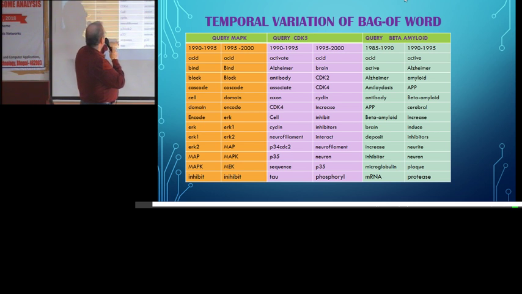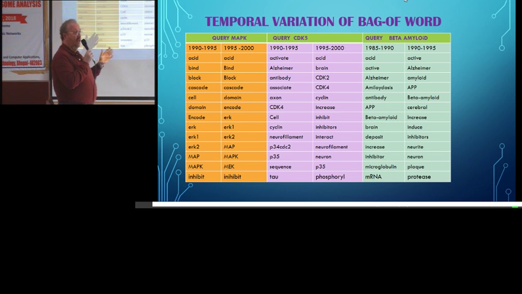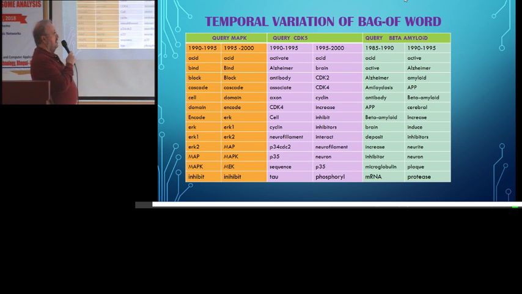This protein disappeared and the tau protein appeared. This table is only indicative of the dynamics of the knowledge deposited in the text, and this allows us to understand the dynamics of the knowledge.